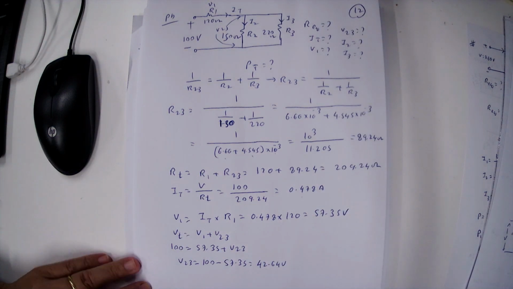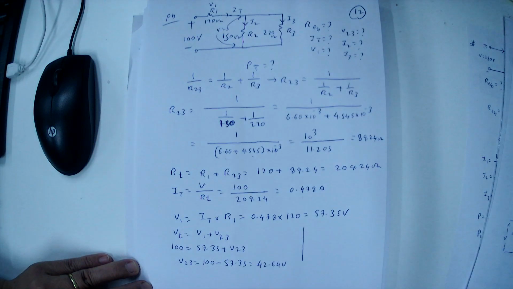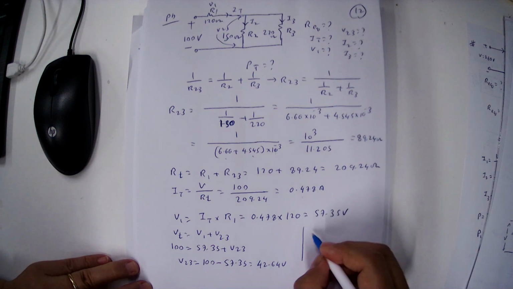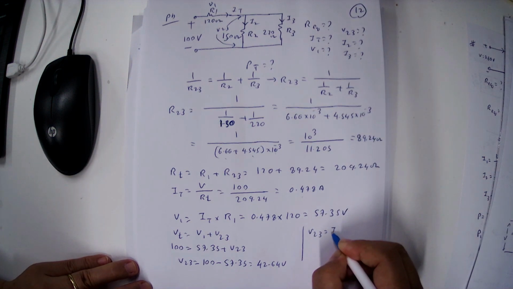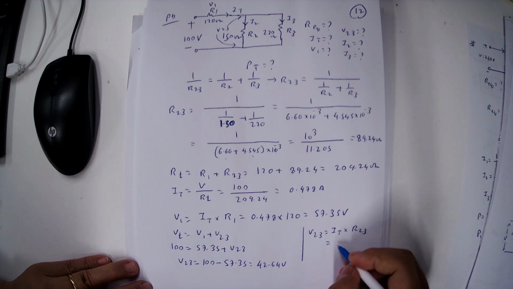This is one method. Alternatively, the total current flows into the R2 and R3 combination. Therefore, V23 is also equal to I total multiplied by R23.